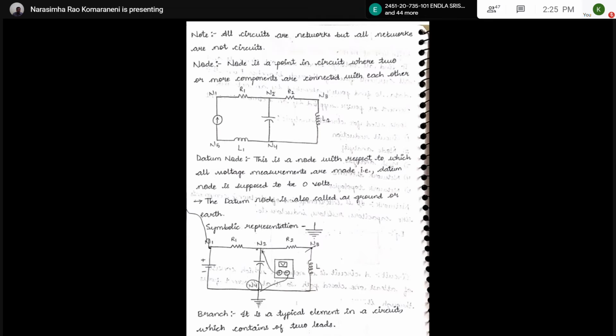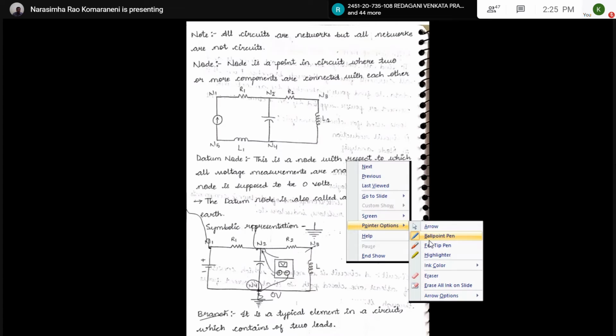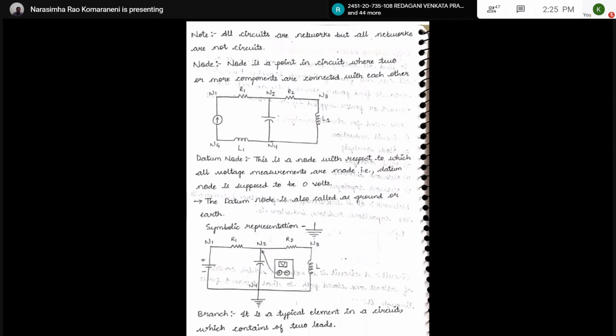With respect to this node, we can measure the voltage across any network element. Simply, we can treat this as a ground point. So the voltage at this ground point is 0 volts. Is it clear? Yes, sir. Right. Okay.